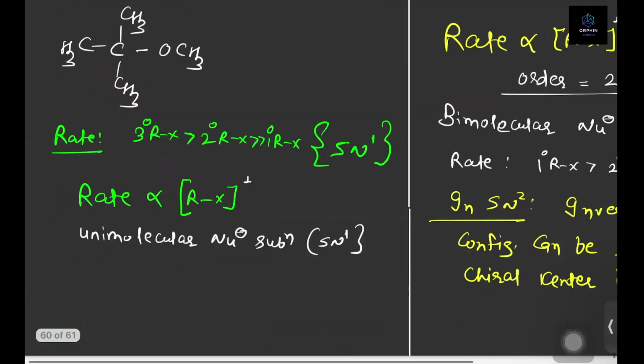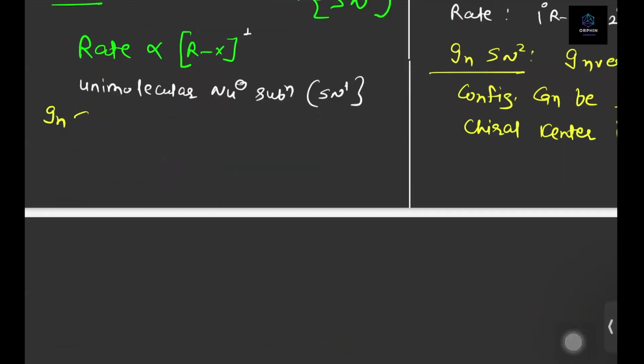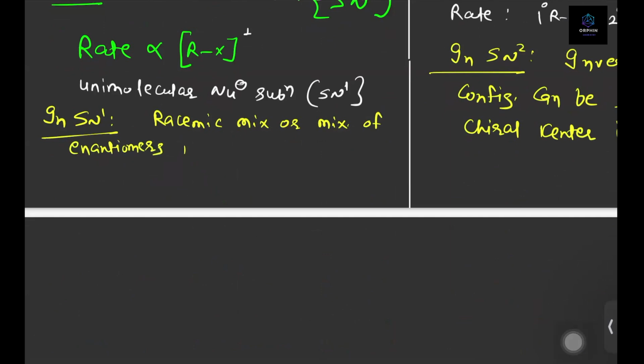So in SN1, a racemic mixture, or mixture of enantiomers, is obtained when the carbon is a chiral center.